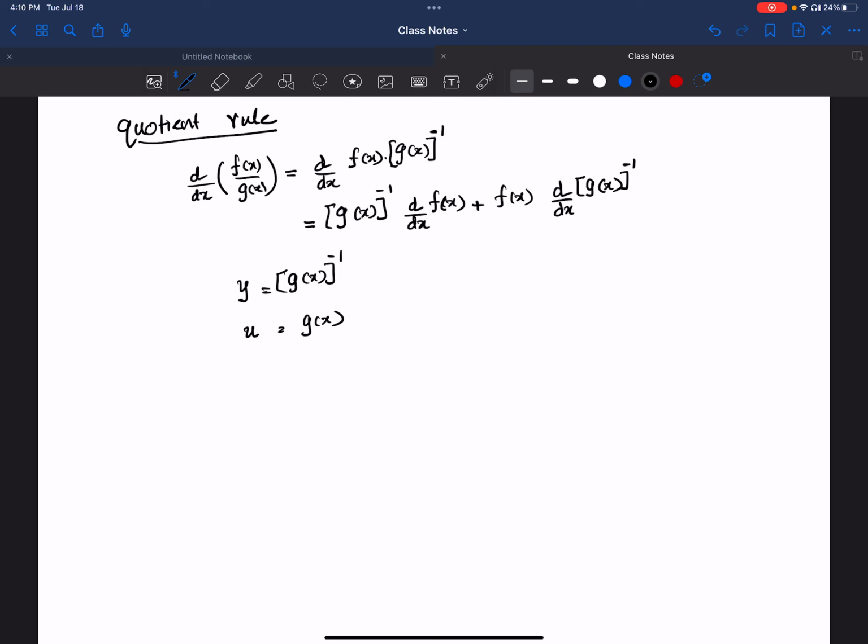And then y equals u to the power negative 1.